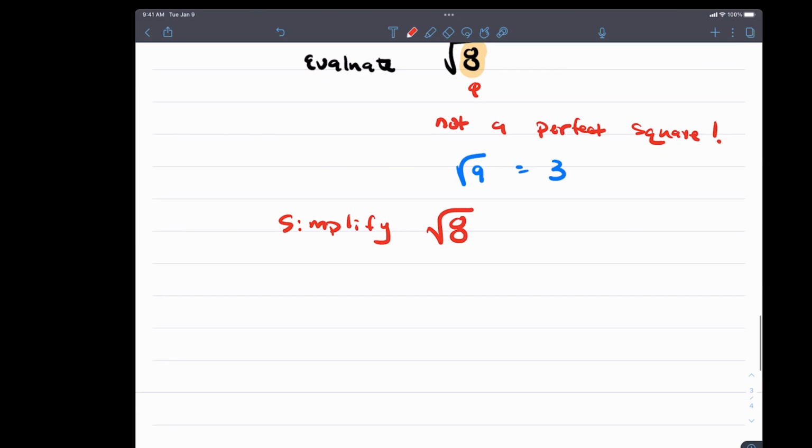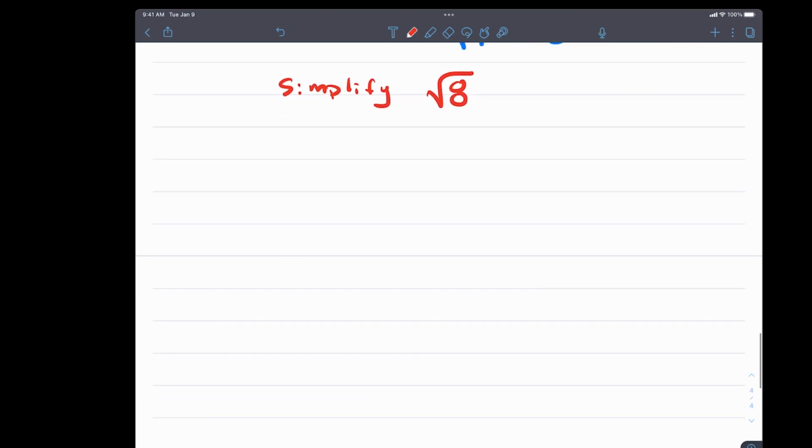So we're going to simplify the square root of 8 now, but there's a process. I'm going to give it to you in steps, as a recipe. And it involves arithmetic. Step 1. Here's our first step.